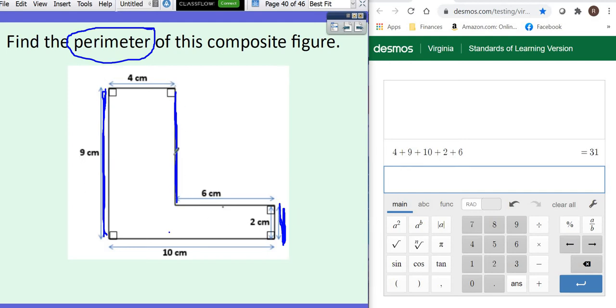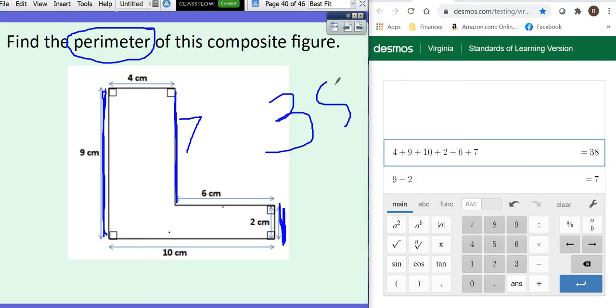I know this is shorter than 9 and bigger than 2. If I took 9 minus 2 and got 7, and if I added 7 and 2 and got 9, I know that's the number I'm missing. So I'm going to add 7, and that means my perimeter is 38 centimeters.